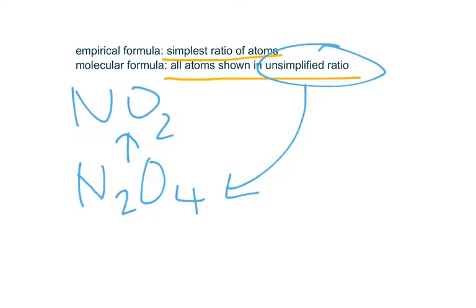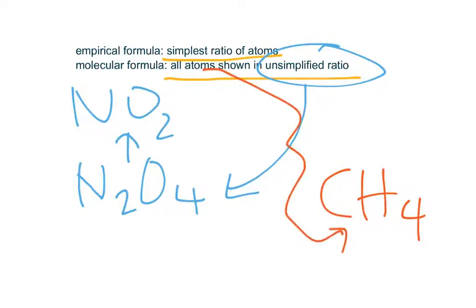Now let's find the empirical formula for methane, CH4. Methane is our molecular formula because it shows all the atoms in methane, and we know that methane is CH4. So how can we simplify this to an empirical formula? Well, the truth is, the empirical formula for methane is the same as its molecular formula, since you can't simplify this any further.